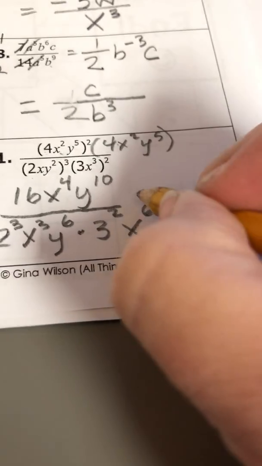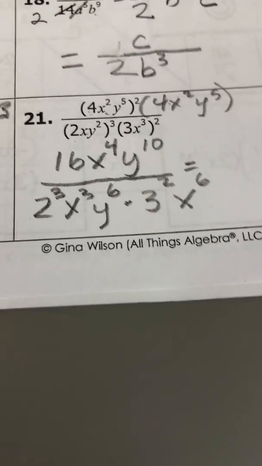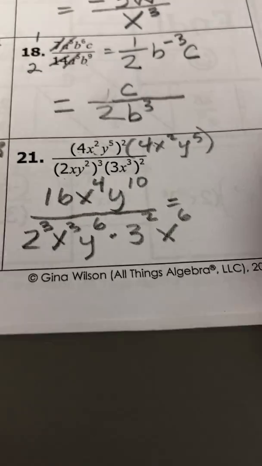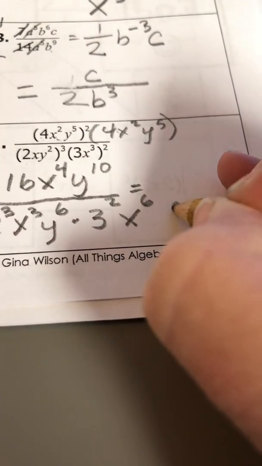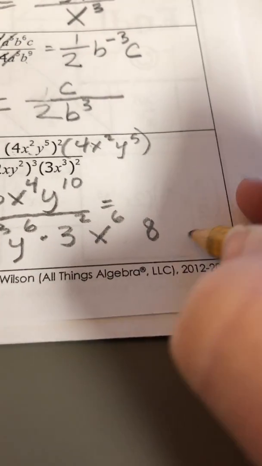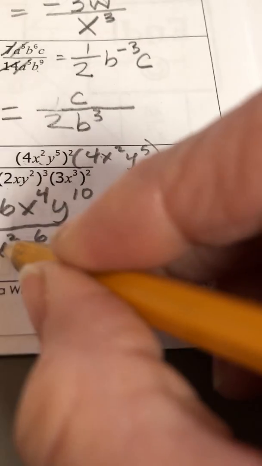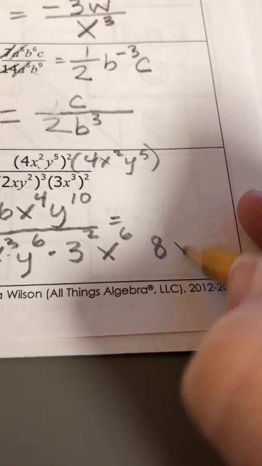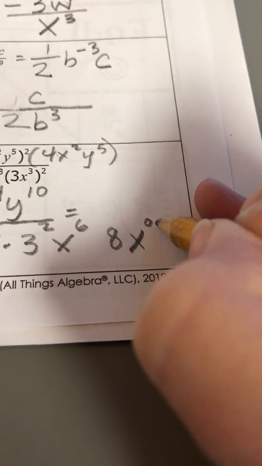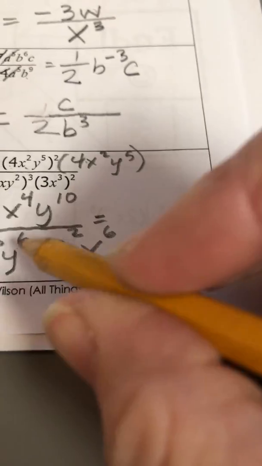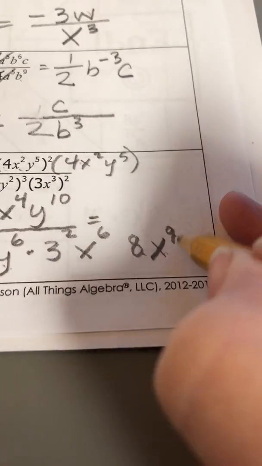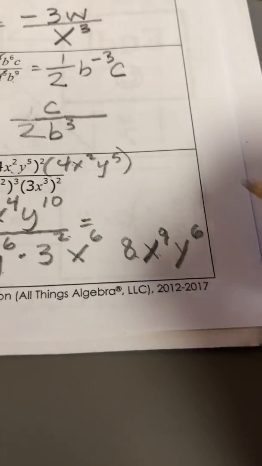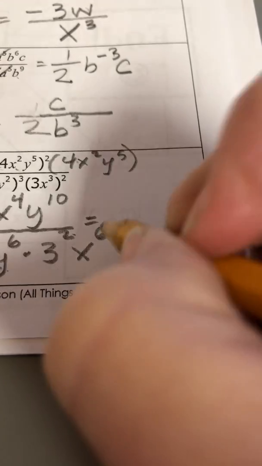So if I rewrite this, this is going to be a long one. 2 to the 3rd power, we have 8. And then I have 6 plus 3 is 9, so I'm going to end up with x to the 9th. I'm going to take care of these variables for just a minute, and then y to the 6th. But then I also have to take care of 3 squared, which is 9.